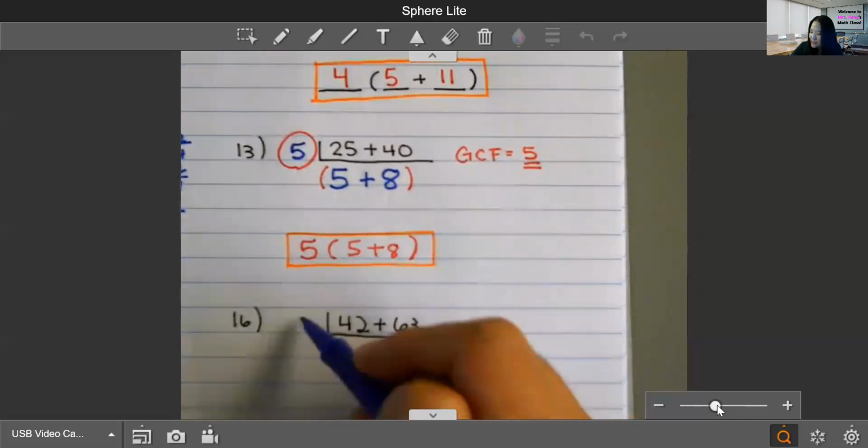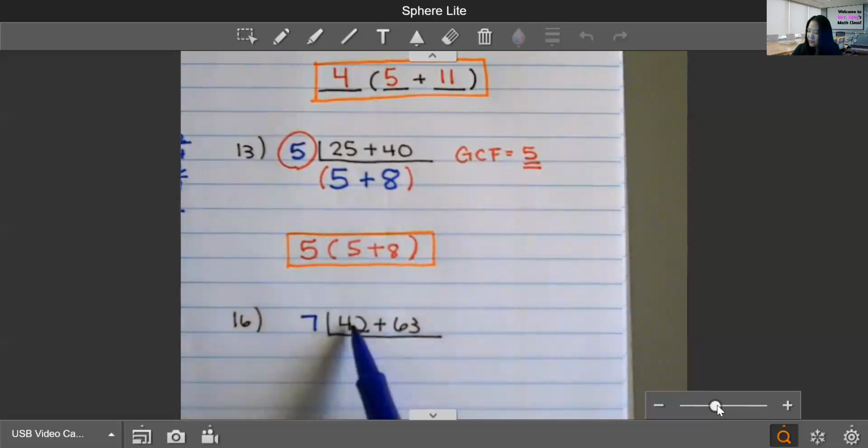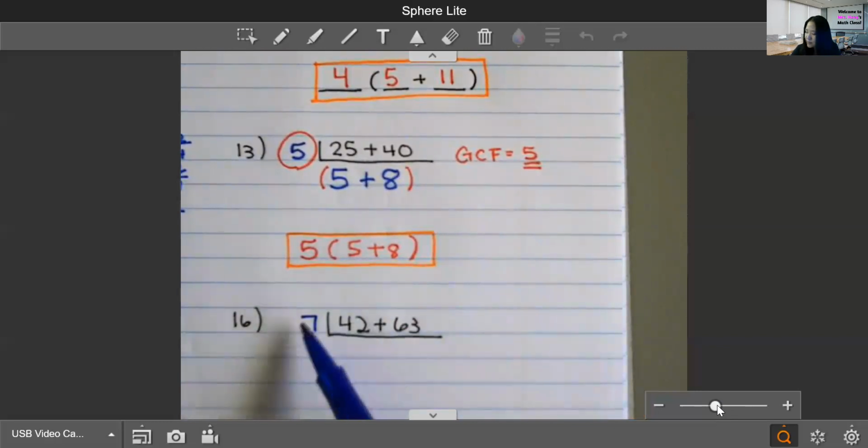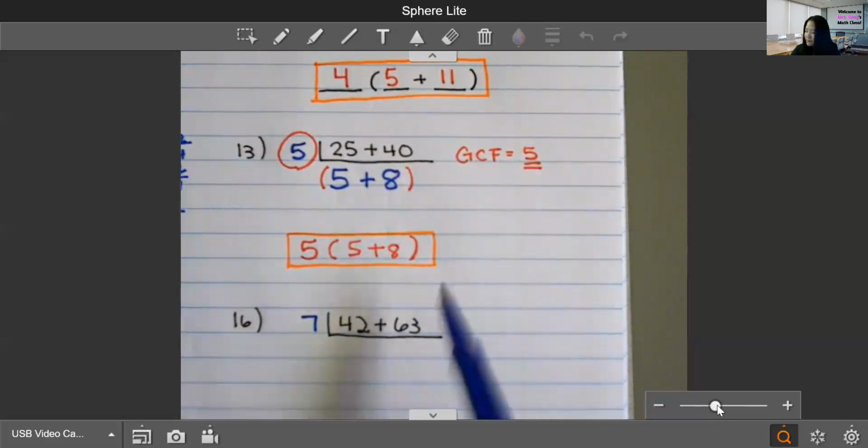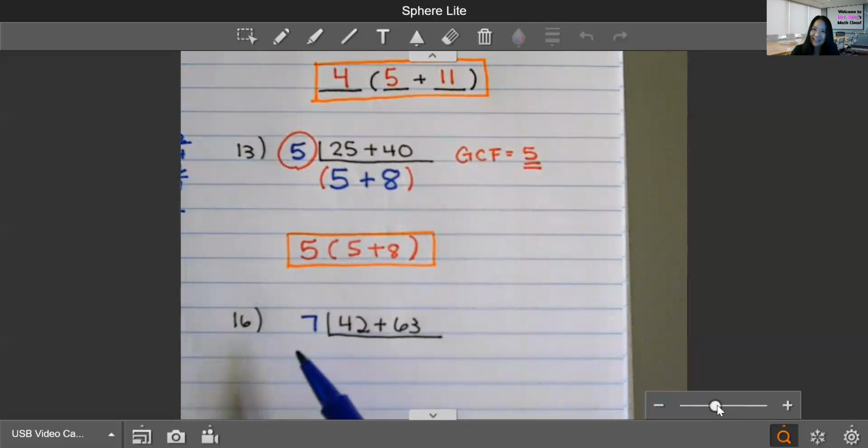So I'm going to try 7. 7 goes into 42. Oh, by the way, don't put a number here unless you know for sure it goes into both, okay? So I guess I shouldn't have said I'm going to try. I have to put the number only after I know for sure that it goes in, okay?